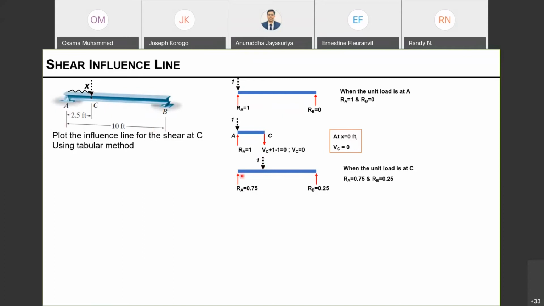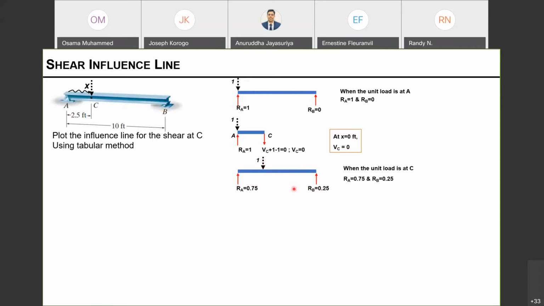You know the distances and you know the load, which is 1, and RA will take a proportion of this 1, and RB takes a proportion of this 1. When you assign the equilibrium equations, you will find that RA is 0.75 and RB is 0.25.